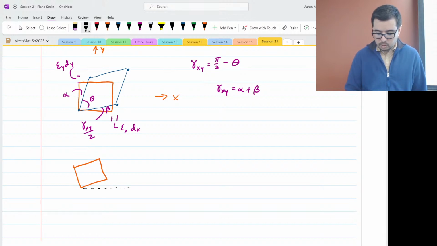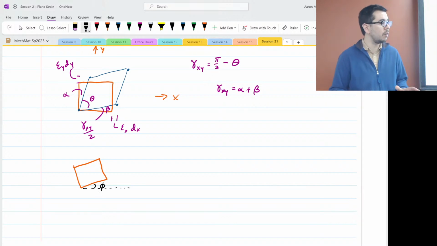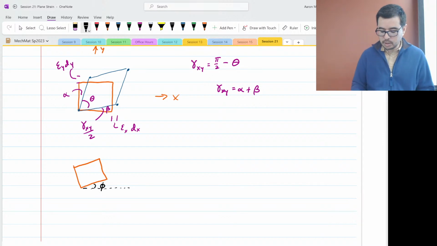Unfortunately I use theta. Let's just say the rotation in this case is phi. I know that's not what we often use, but let's just say we rotated the element phi.